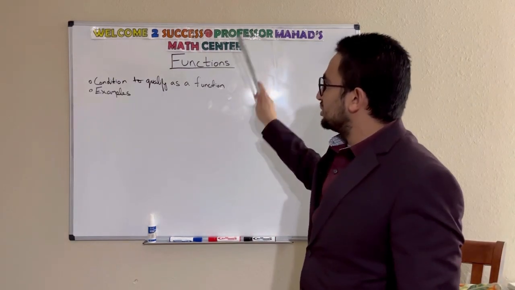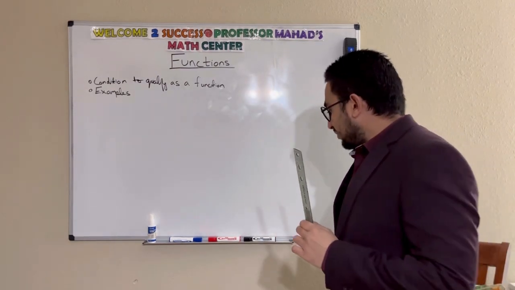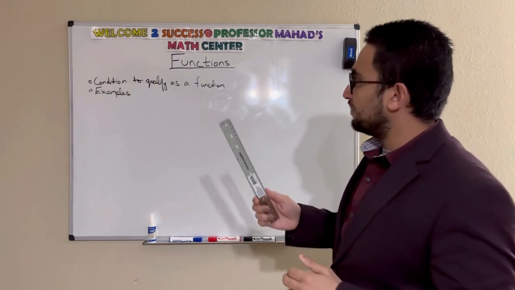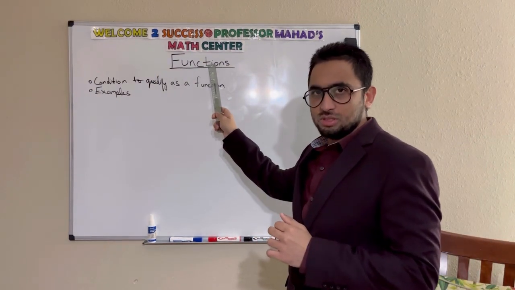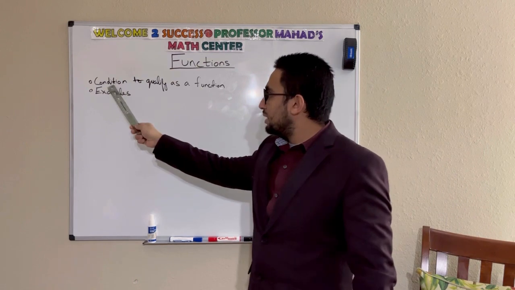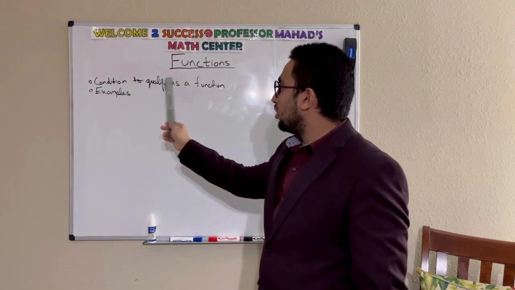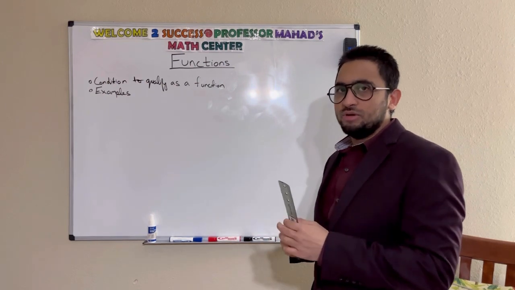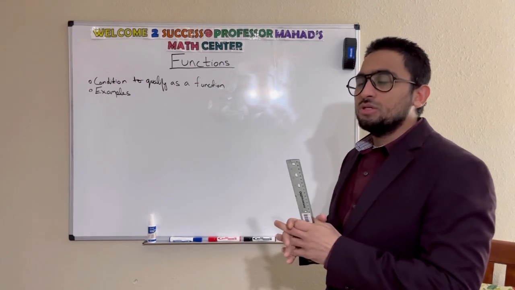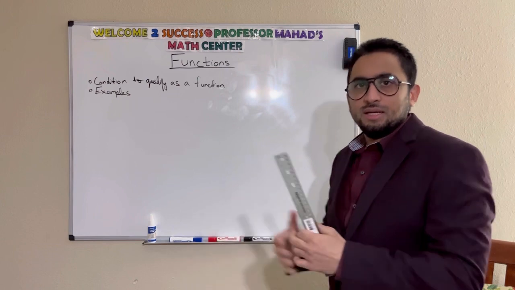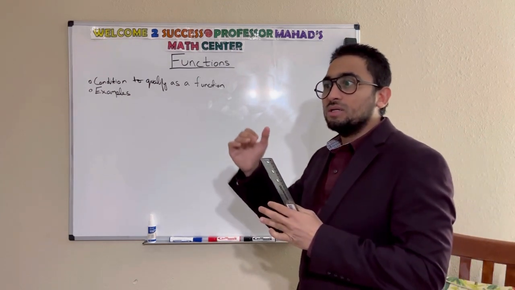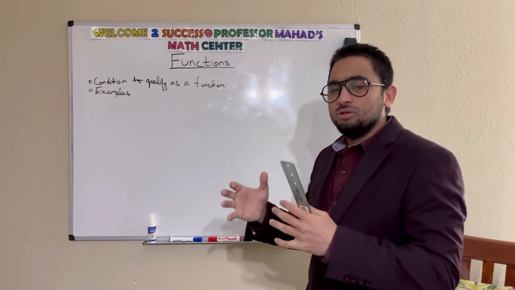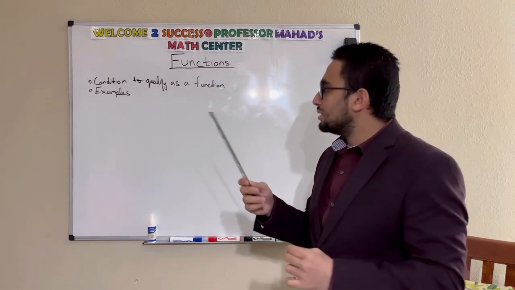So, functions. Today we are going to discuss what exactly are functions. What is the condition to qualify as a function? Let's say we are given an equation with two variables, so on what basis can we conclude whether or not that is a function?